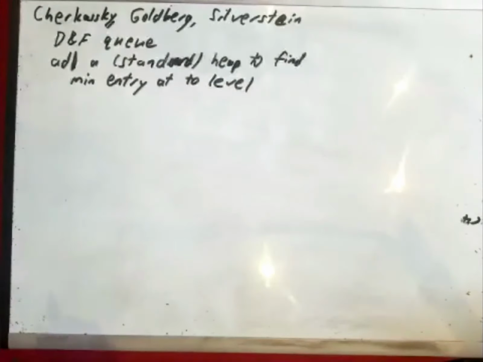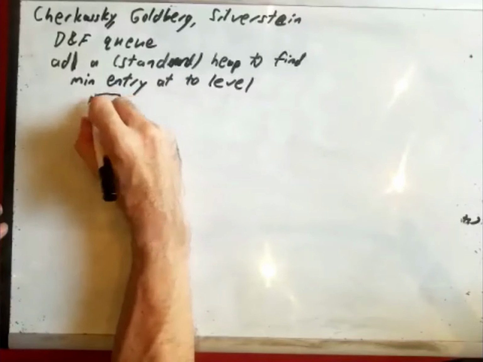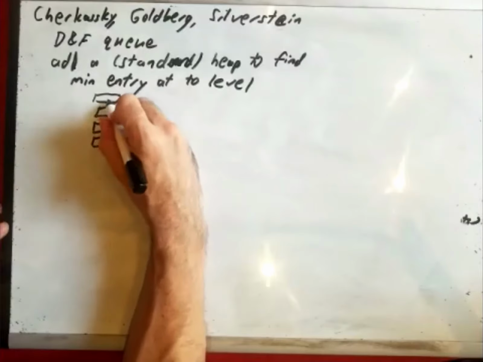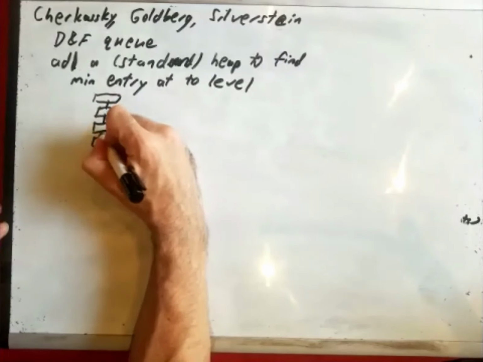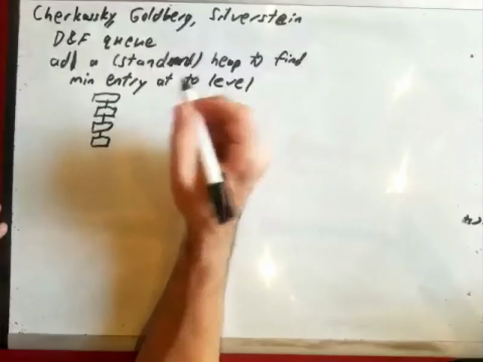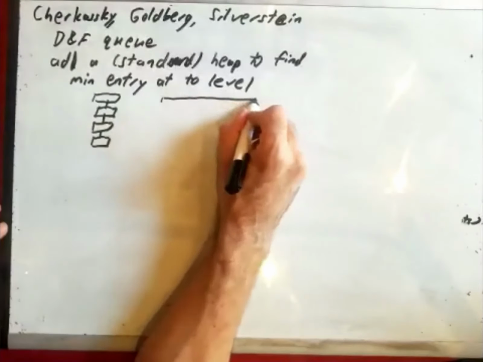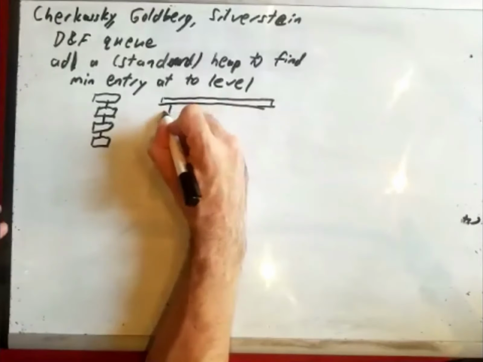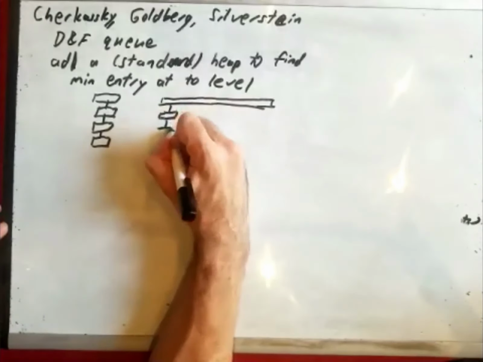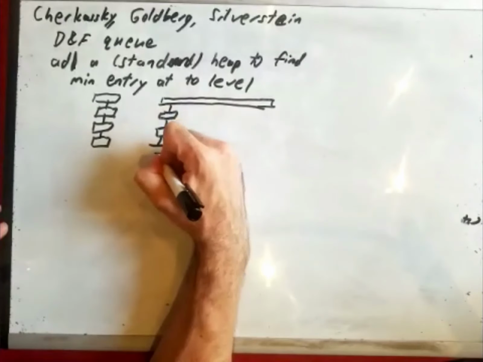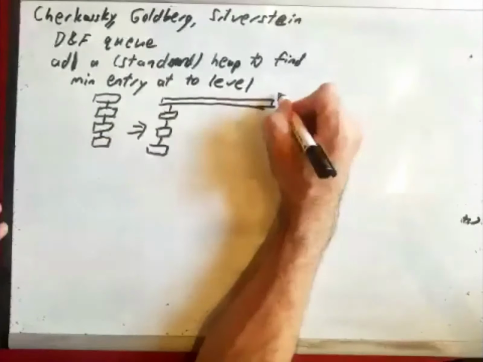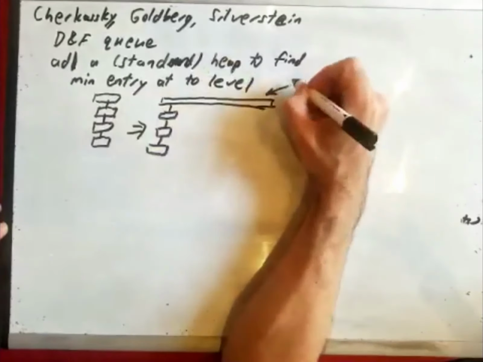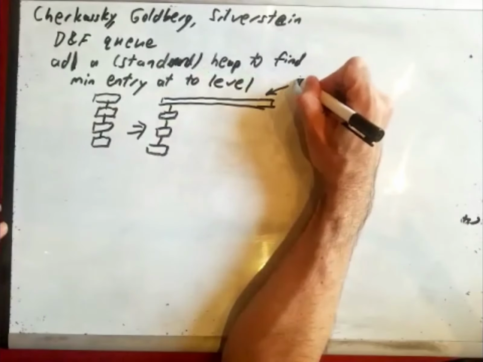Essentially what they do is they take this DiNardo and Fox data structure with its many layers of relatively small buckets, and they say, well, why don't we make the top layer much, much bigger? We'll keep the other layers the same. But now for finding the minimum bucket in this big upper layer, we will stick on a standard heap.